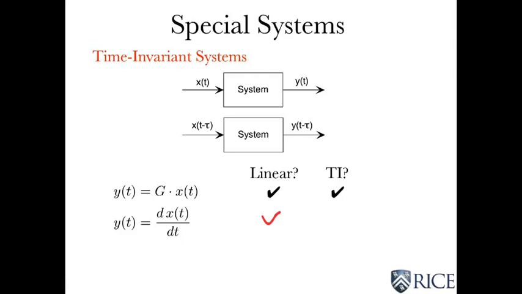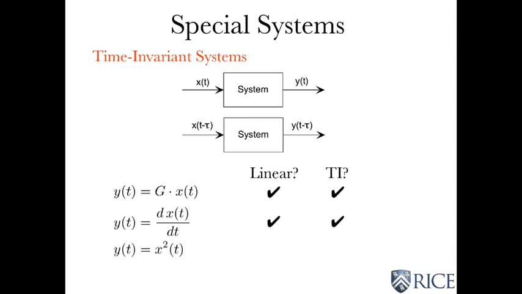What's the derivative of x of t minus tau? Well, in calculus you learn that's the derivative of x evaluated at t minus tau. Well, that makes it time invariant. So we've got two special cases here of linear and time invariant systems.